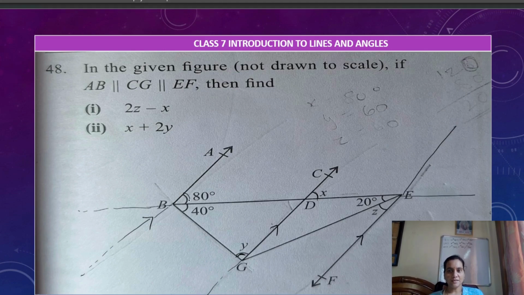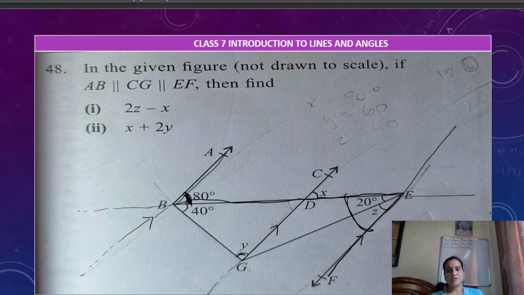Now here if this is 80 degree, just try to form a Z like this. Can you see the Z that I am forming? Using this Z, can you not see that this 80 degree here is also 80 degree, because these two are alternate interior angles.